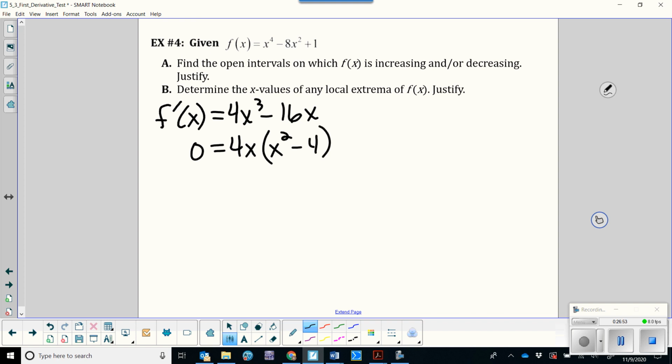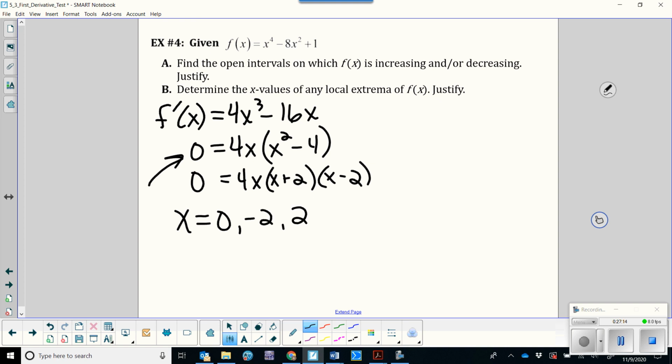You're going to factor out a 4x, and then further, this is going to be 4x times x plus 2, x minus 2. I prefer you go ahead and factor it because the most common mistake here is if you go from this step, you might not get -2 and 2. So be cautious. If you factor it, you won't miss those values.